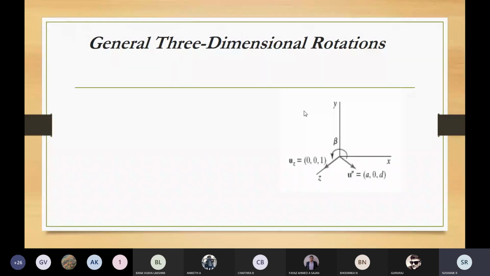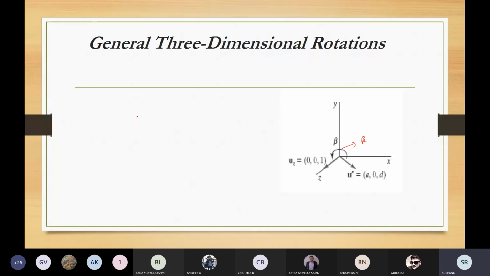After getting the values, the next step is to rotate this unit vector into the xz plane around the y-axis. So we need to calculate the rotation angle beta.